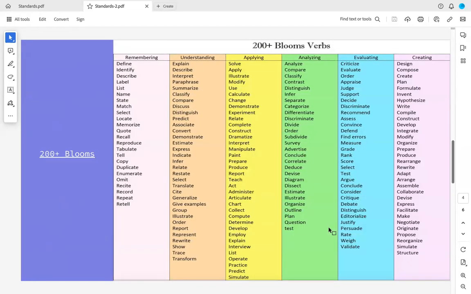But first, we have to establish what Bloom's verbs are and how we use those to make sure that we teach effectively. If you look at the top, Bloom's verbs are broken down into 6 categories: remembering, understanding, applying, analyzing, evaluating, and then creating. This is the flow in which you want to teach your students.